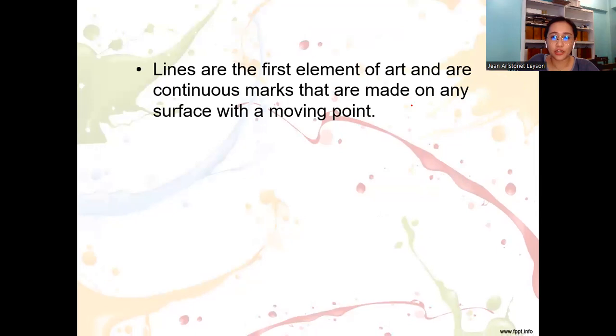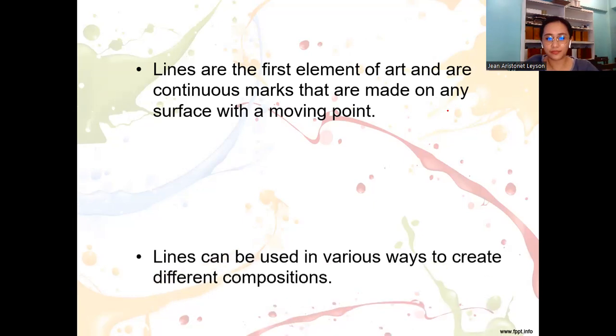Lines are the first element of art and are continuous marks that are made on any surface with a moving point. For artworks that I have seen, lines are the very basic ones. An artist usually starts with lines before he or she proceeds with using other elements.